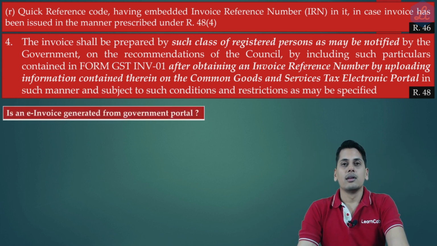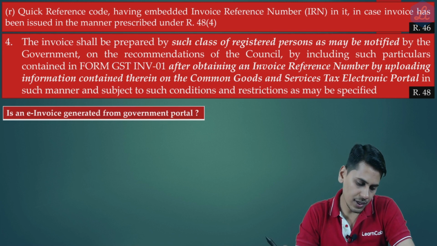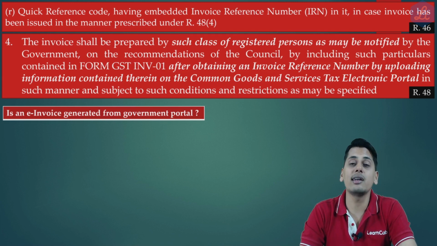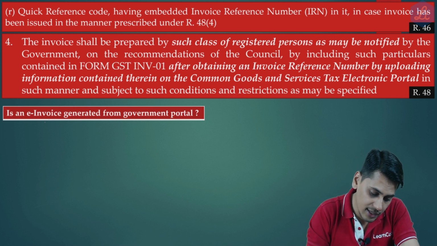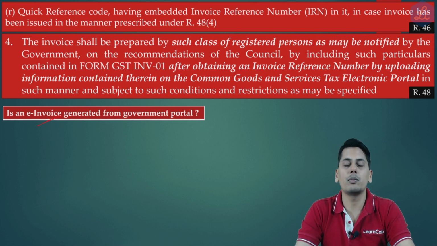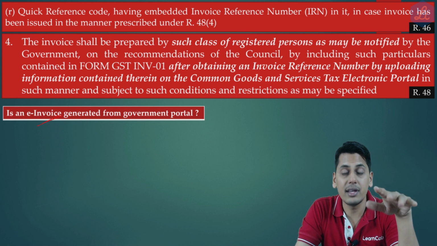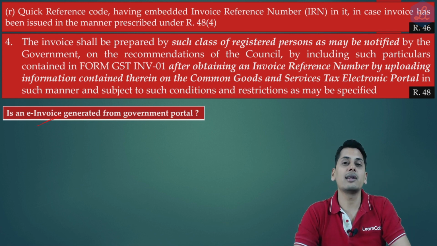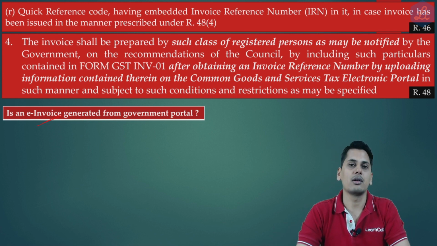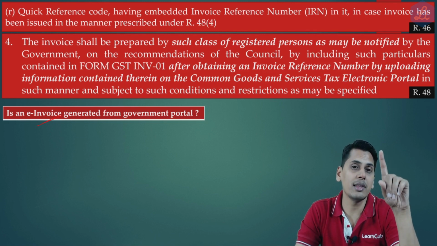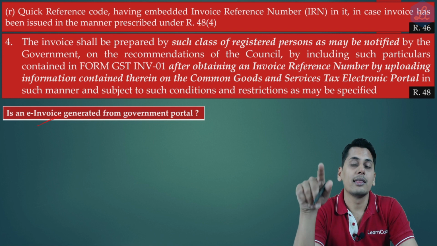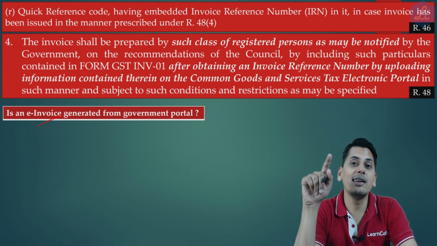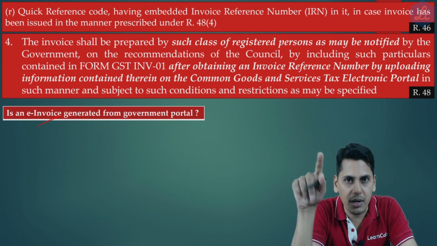Now, friends, just to check whether we have understood the story so far, is an e-invoice generated from the government portal? Friends, please understand, the answer is no. Invoice is generated by the taxpayer's own software. What does the common portal give you? The common portal gives you only an invoice reference number.